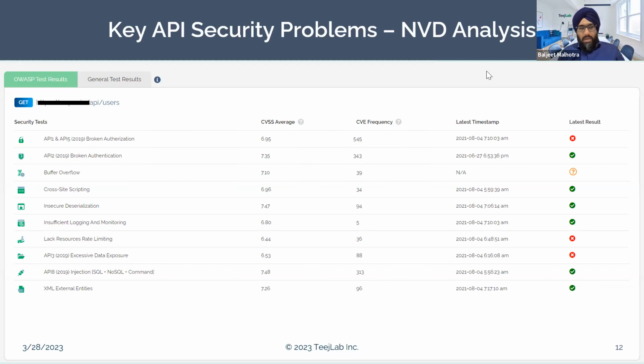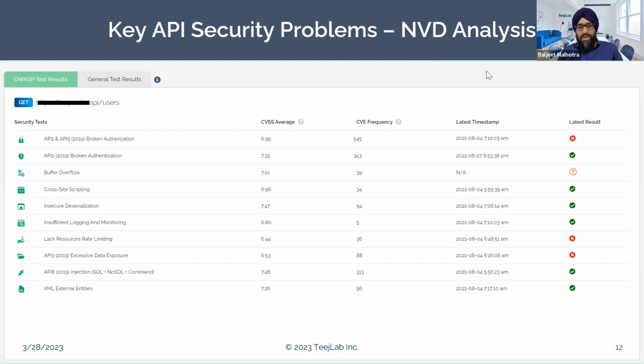Broken access authorization, and the difference between authentication and authorization, just to refresh your memory, I know you are the experts: just because you are authorized, that does not necessarily mean you have access to all the resources. So the top problem we found was that the authorization layer was broken.